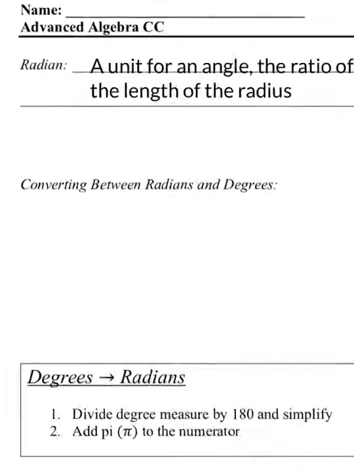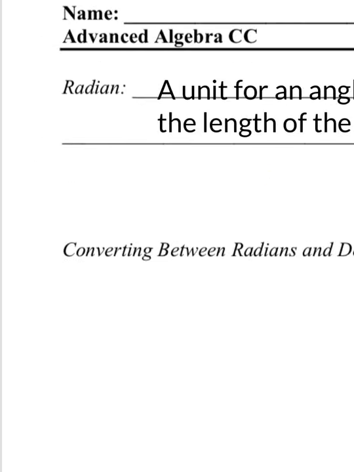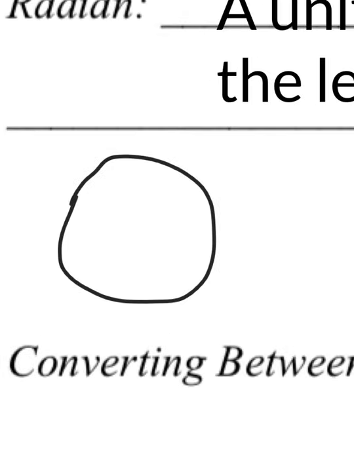So a radian, for example, let's say I have this circle, right? Let's pretend that's a circle. Now, if I were to draw the radius here, that's my radius, and let's say that distance is 2. If I'm talking about this angle measurement here, we'll call this theta.